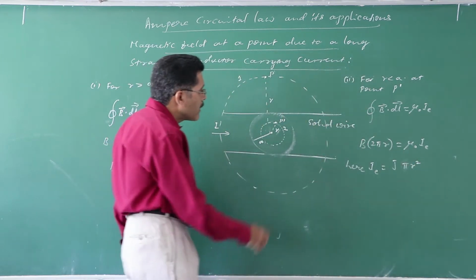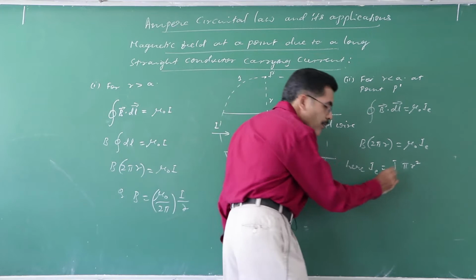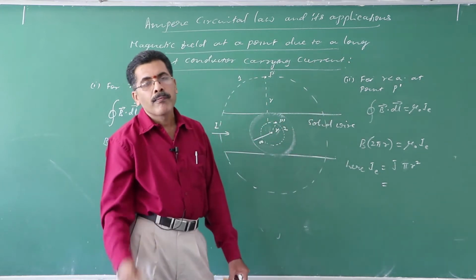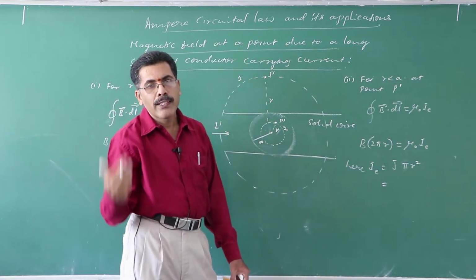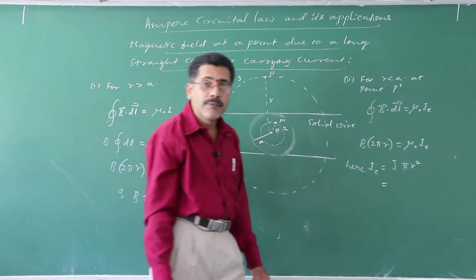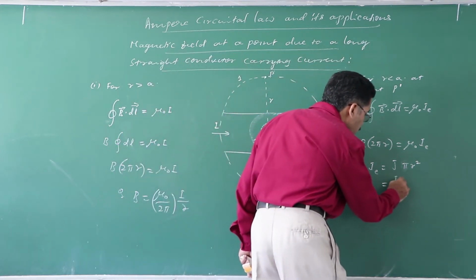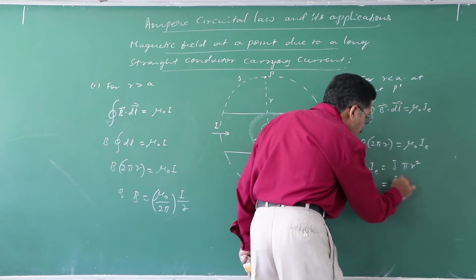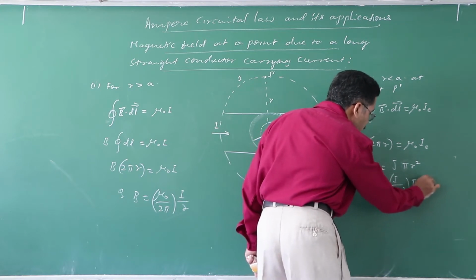What is the current density of the wire? You know that current density is the strength of current in a given area, I by pi a square, into pi r square.